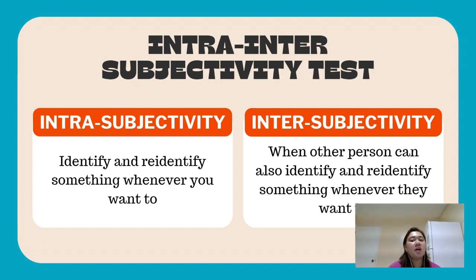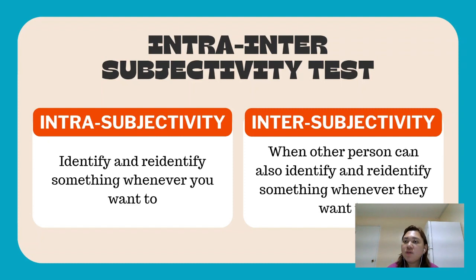It revolves around myself, or from your perspective, it revolves around you. However, if there is another person who wants to see and to believe, or to actually revisit and re-identify something, they will need to pass the test of intersubjectivity. It is when another person can also identify and re-identify something whenever they want to.